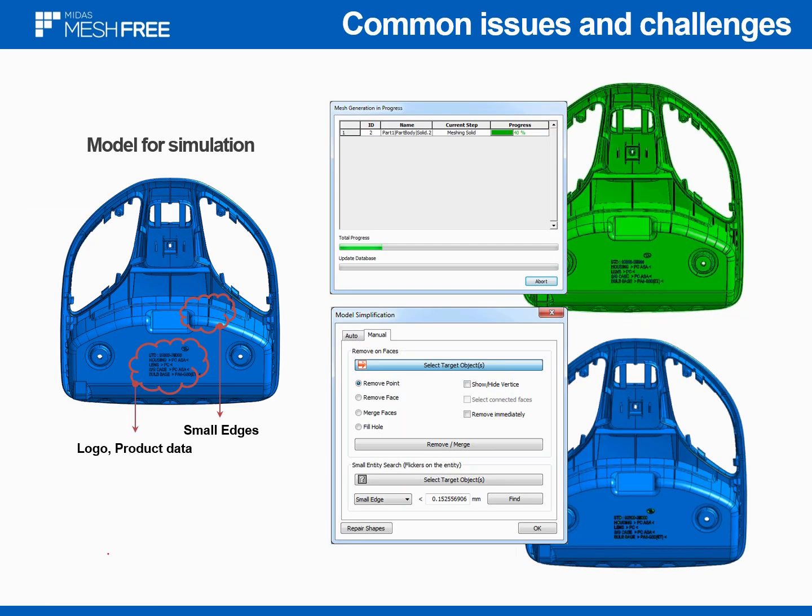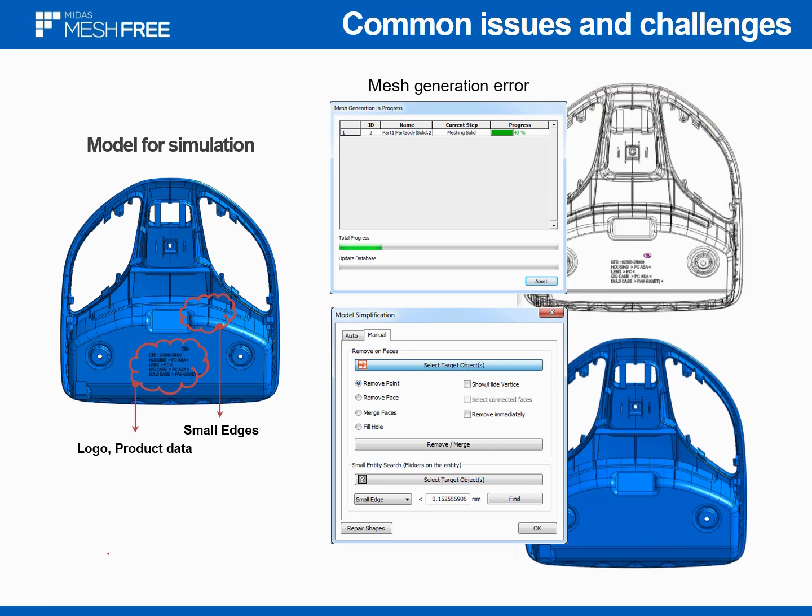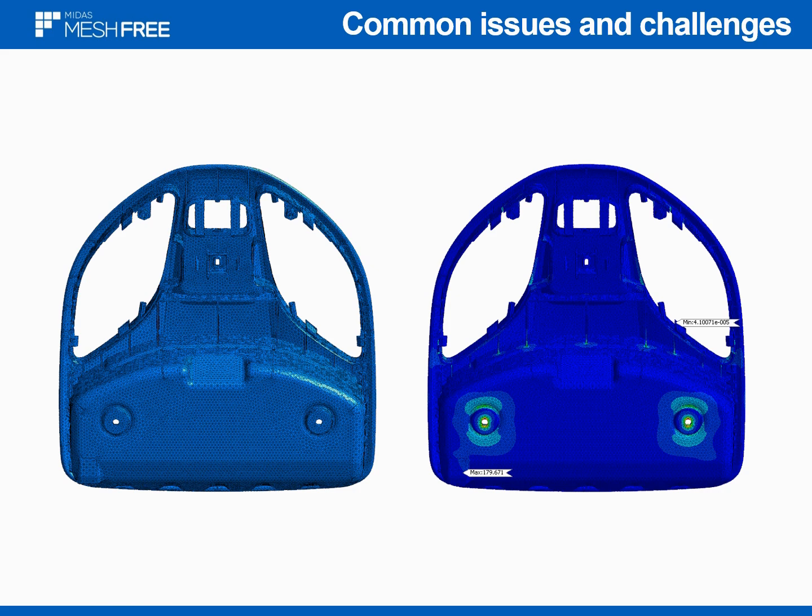As an illustration of what I said before, let's look at a simple example of a component with a large number of details. The meshing of such geometry is not always successful. It's also necessary to carry out a process of elimination of those details. And what is important, we always need time for all of this.